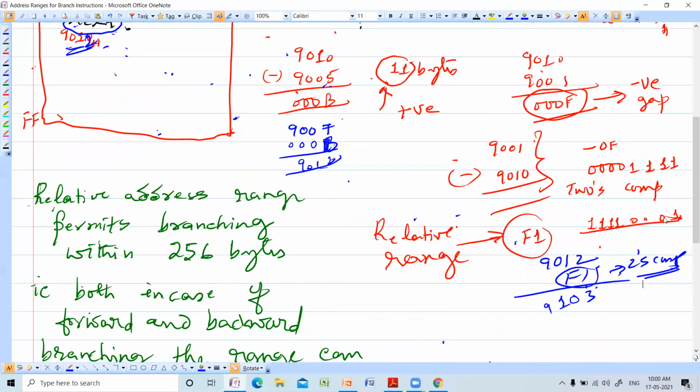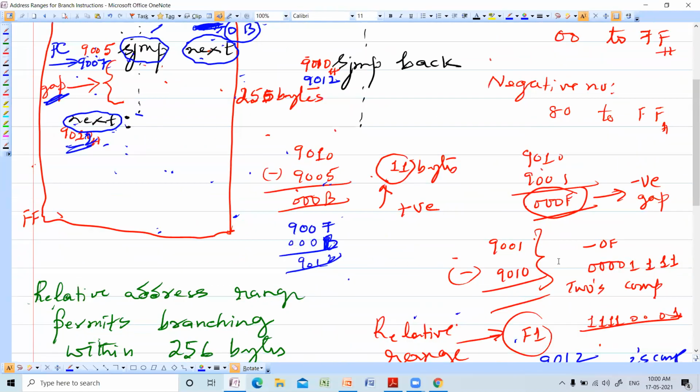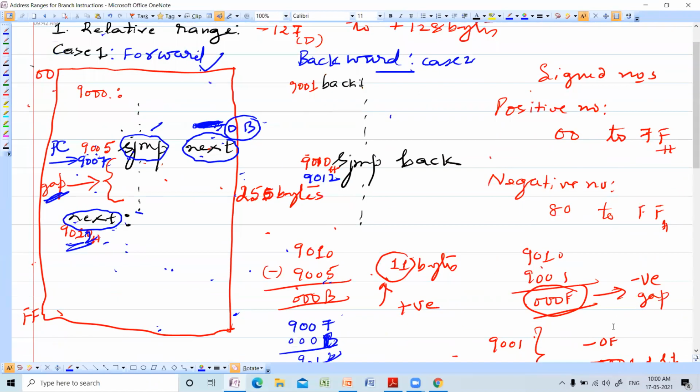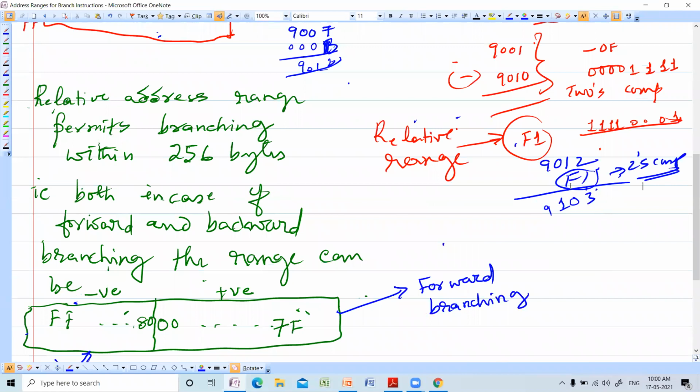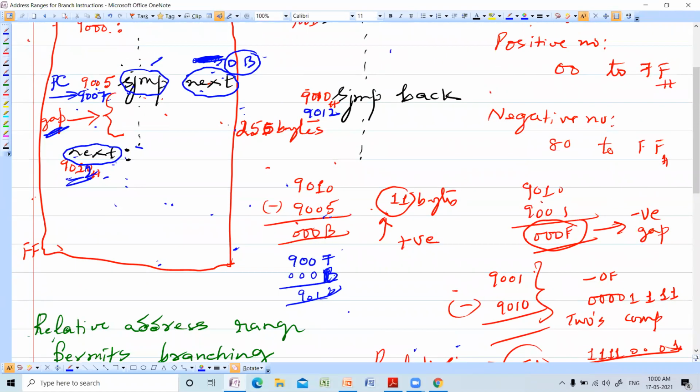So when you see F1, what is the meaning? The meaning is that it is a 2's complement number. In this case, SJMP back, a 2's complement number will be there. Suppose, for example, F1.